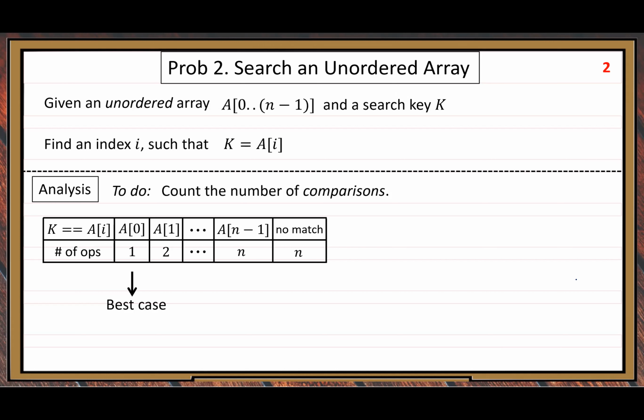With just one comparison, we can find a solution. That's the best we can have, so we call it the best case. Then the last two cases, where the comparison number equals n, are the worst case. So that's the best case and the worst case. That's very straightforward.